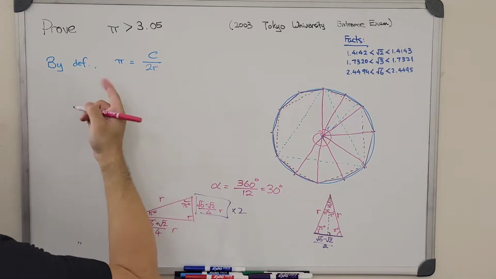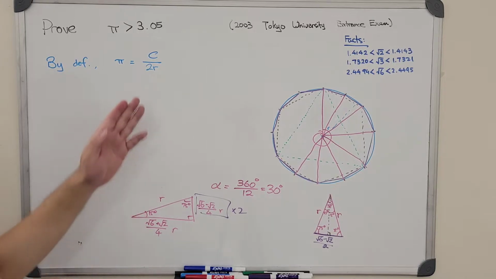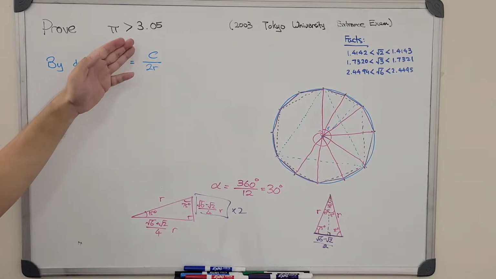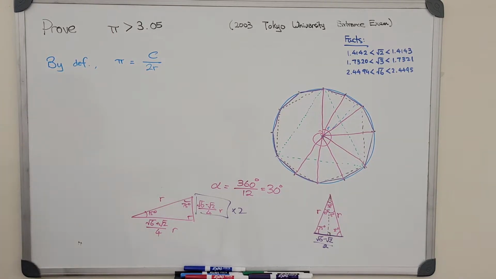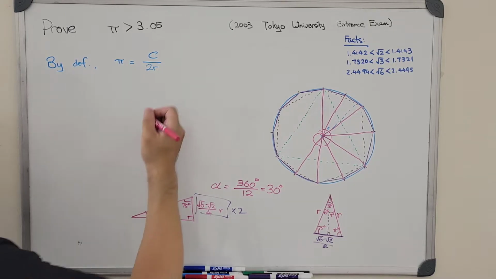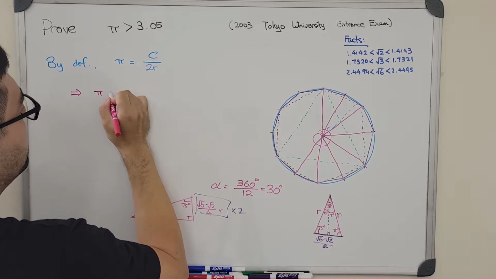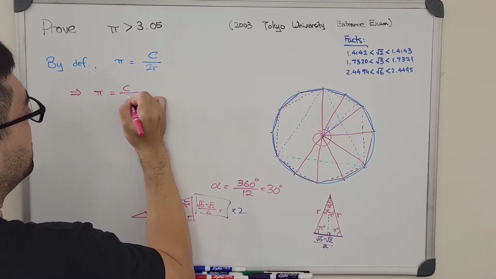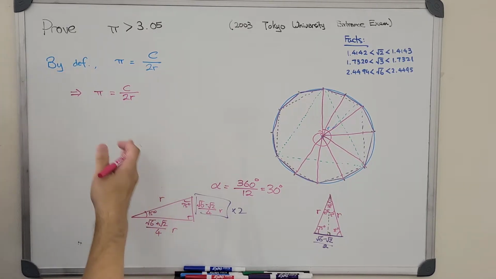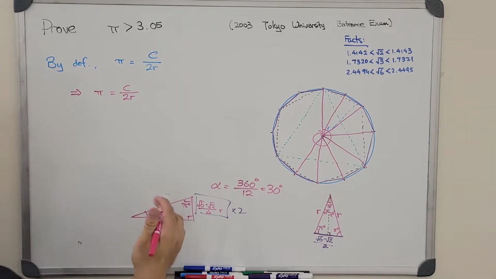So from the definition, we say that pi is the ratio of the circumference over the diameter, or known as 2 times the radius. So this gives us pi is equal to, of course, not necessary to do it this way, but it'll be better if you just copy it so that you know where to start off.